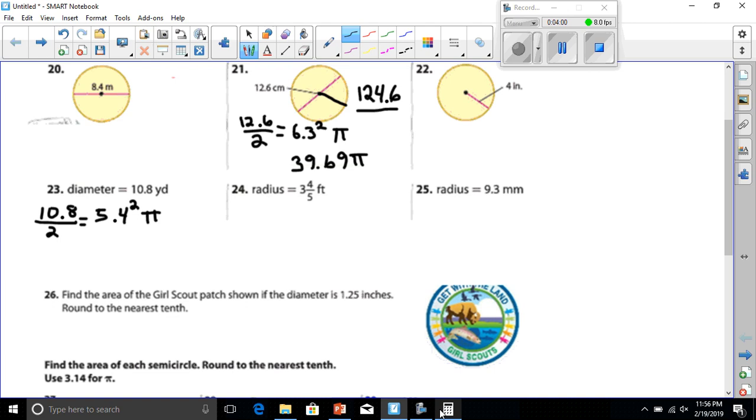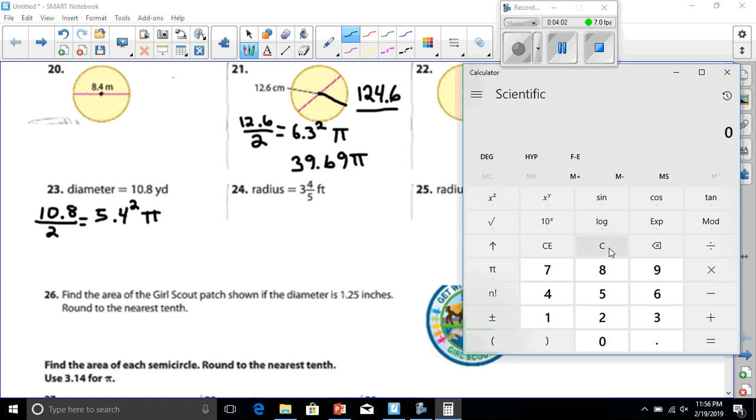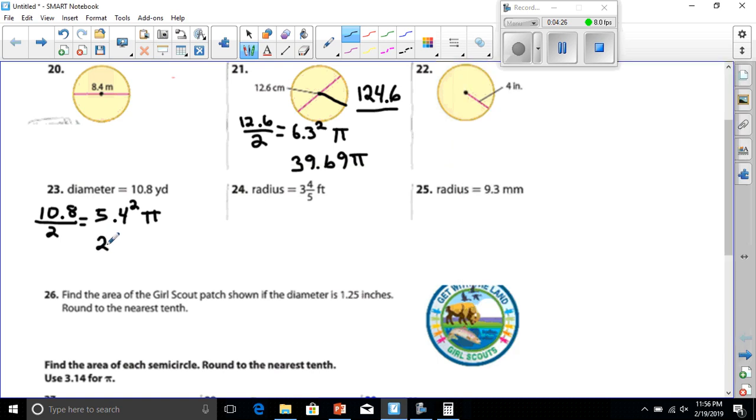Well, let's use our calculator again. 5.4. And for those that are wondering what other thing you could use if you didn't have a square button, remember squaring is multiplying it by itself. So I could put times 5.4. That equals 29.16. So we have 29.16 times pi.